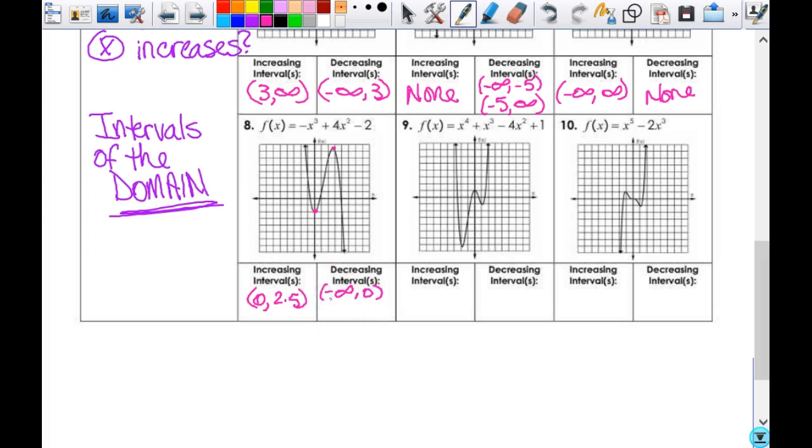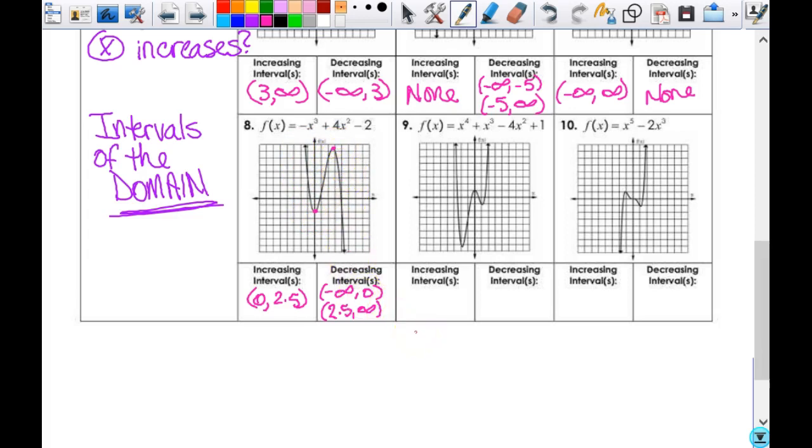And then 2.5 to infinity. And what do you notice where our breaks are? What are these things? The points that I put in. Your maximums and minimums, right? Because that's where it changes direction. We're decreasing, we change direction, we're increasing. We change direction, we're decreasing, right?